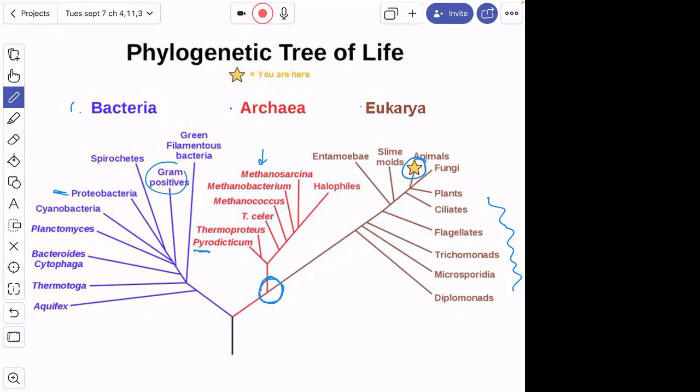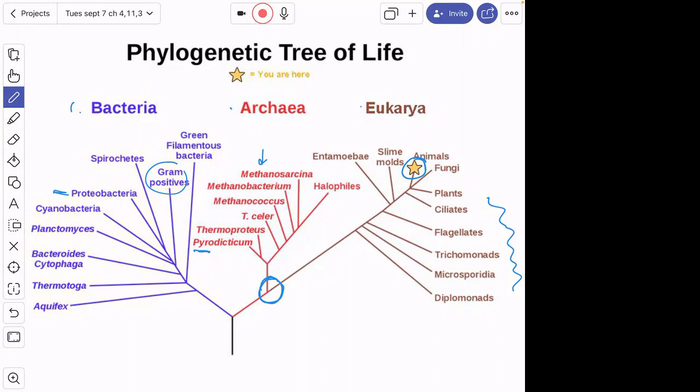You would think that the bacteria and the archaea would be off on one side, and they would share a closer common ancestor than with the eukaryotes. So that was sort of surprising. And it kind of reflects that when we look at shared characteristics, sometimes the archaea have things more like the eukaryotes, sometimes they're more like the prokaryotes, and sometimes they just have something that's totally unique.